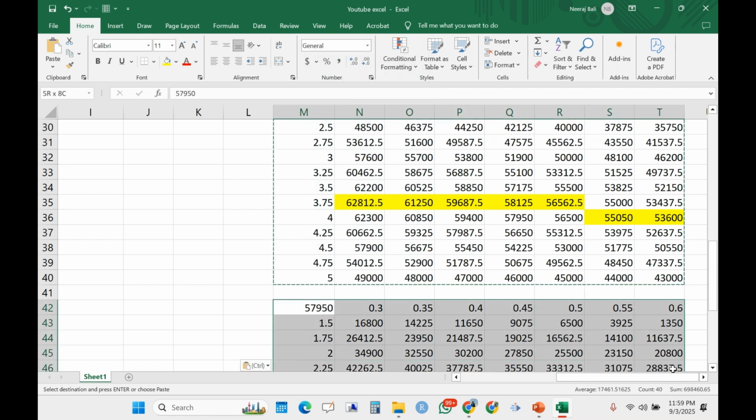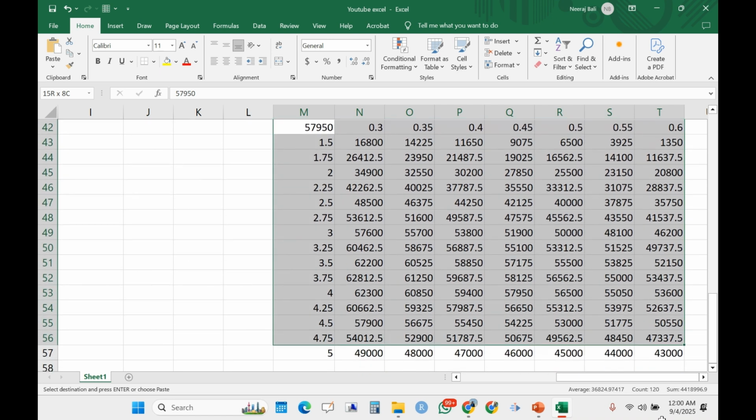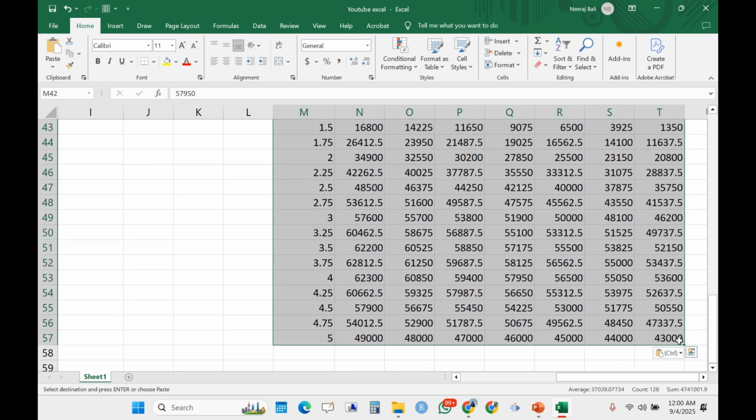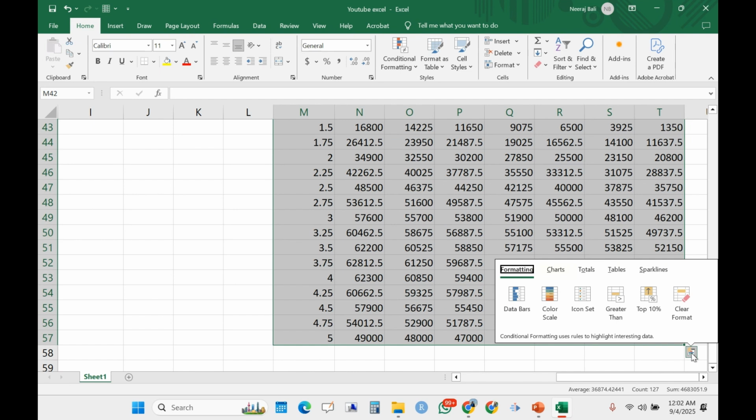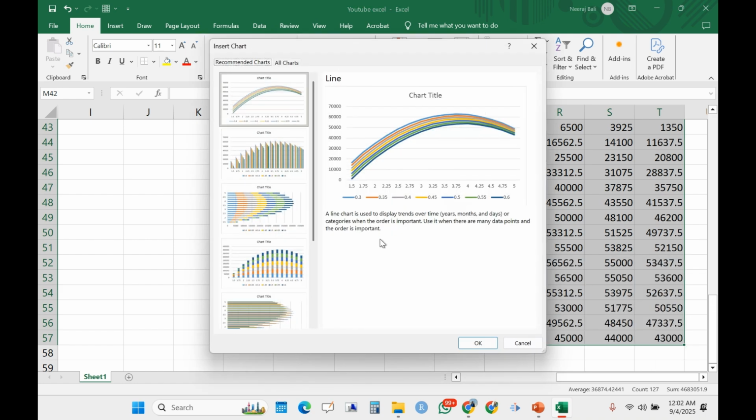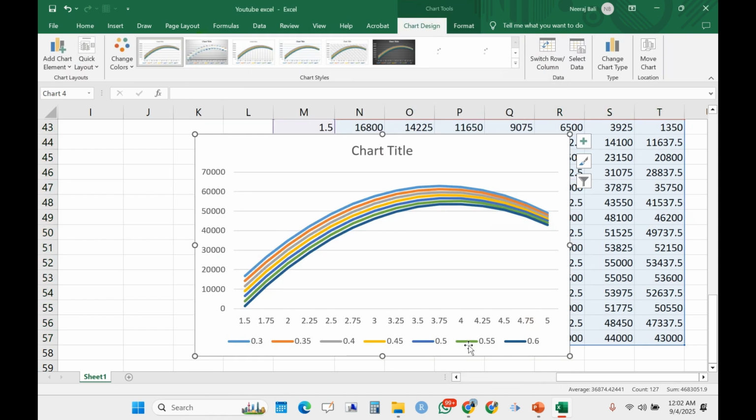And again, we select this. I think this will work. Yeah. Great.